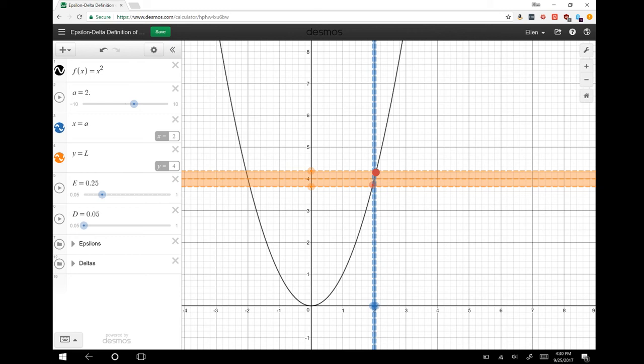So the mathematical idea is I can make epsilon infinitely small, smaller than that even, and I can find a delta small enough that will stay inside of there. That is the idea of this limit. As this orange rectangle closes in around 4, I can just keep my x values close enough to 2 that all my y values will stay inside of there.